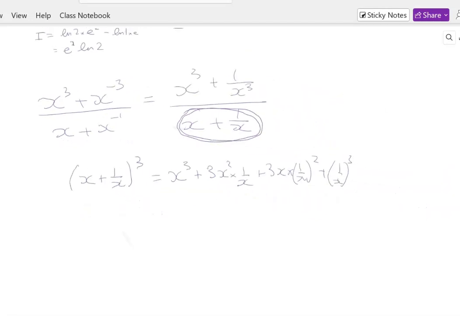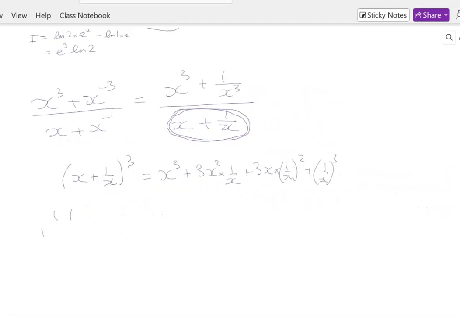That's just doing an expansion using Pascal's triangle, like a basic binomial expansion there. My coefficients are coming from the third row of Pascal's triangle.